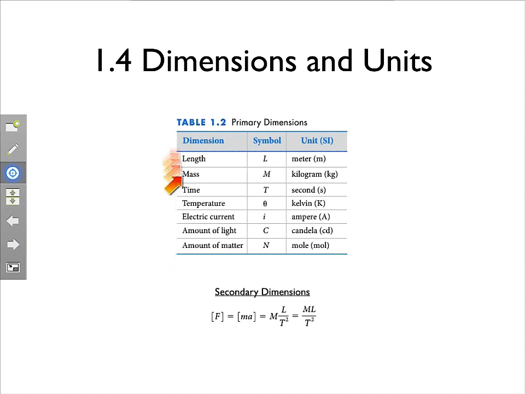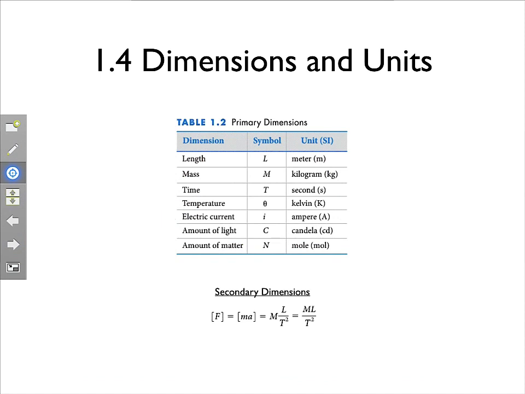And only a subset of these are of interest to fluid dynamics. Obviously length scales are going to be important, mass and time and temperature, and also perhaps the amount of matter, but electrical current and the intensity of light are not going to be things that we're going to consider. So we only have maybe 4 or 5 of these primary dimensions that we're going to be concerned with, primarily length, mass, and time, temperature as well.